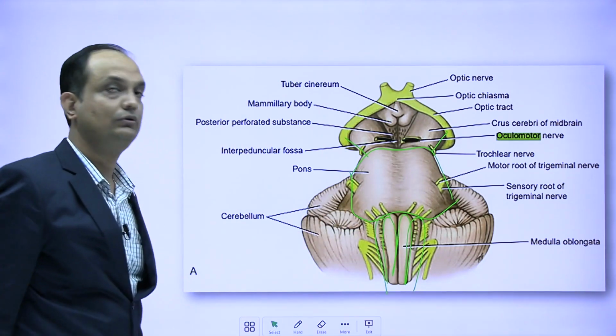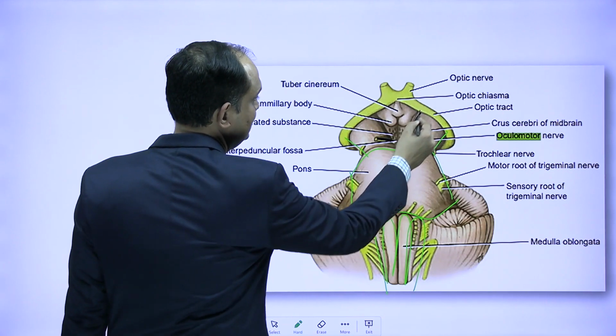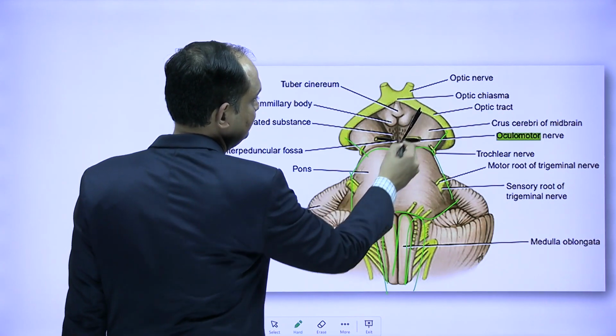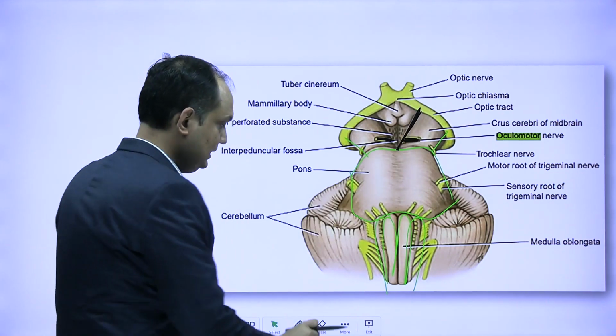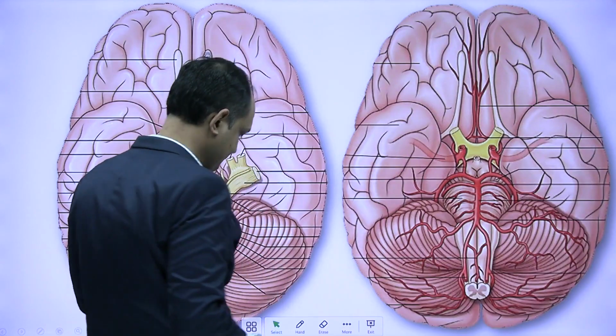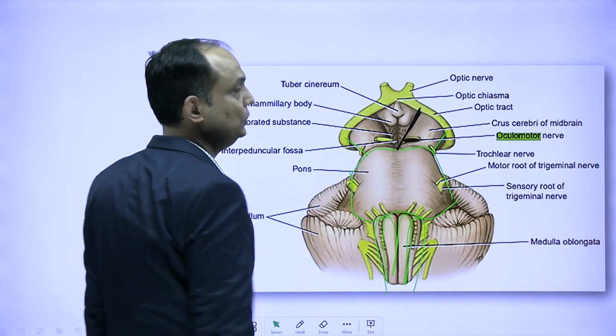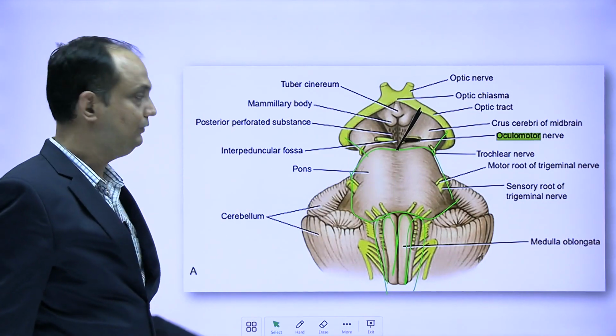Keep in mind that the oculomotor nerve comes from the medial margin of the cerebral peduncle, and once it comes out, it enters the gap between the two peduncles, that is known as the interpeduncular fossa.